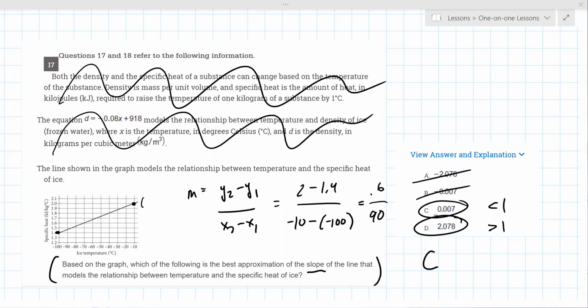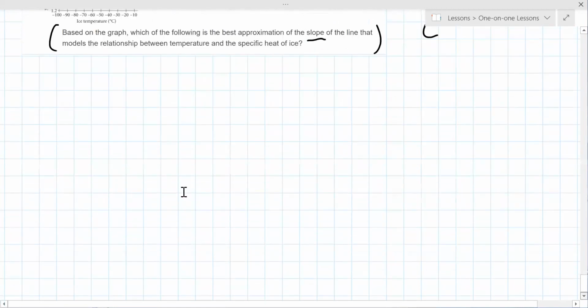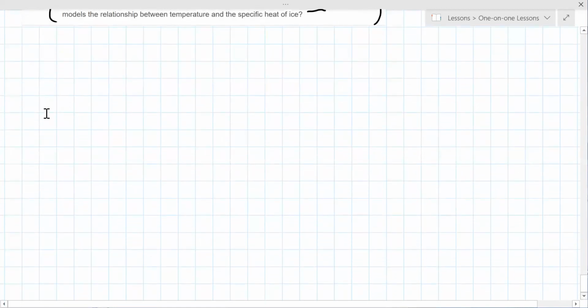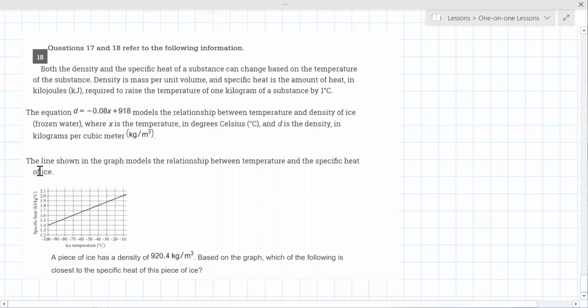Now the next question is a little bit more involved, and I think that's an important skill to know. It looks like one piece of this is pretty straightforward, but it's not a combination question. This one is. It says down here at the bottom, a piece of ice has a density of 920.4, based on the graph, which of the following is the closest to the specific heat of this piece of ice.